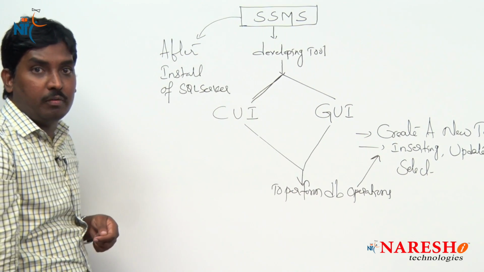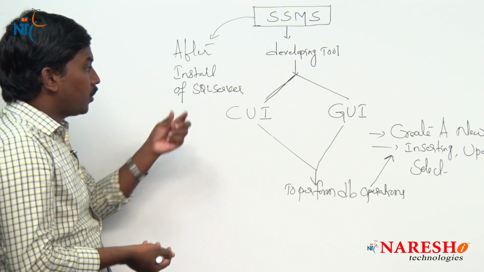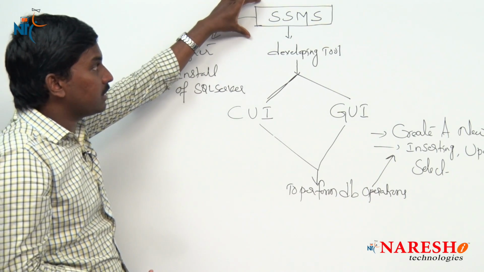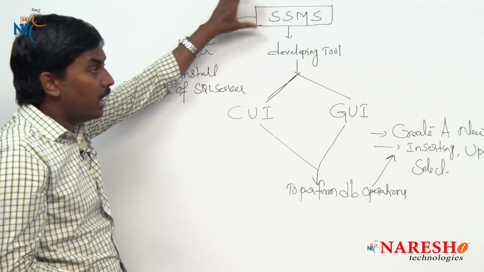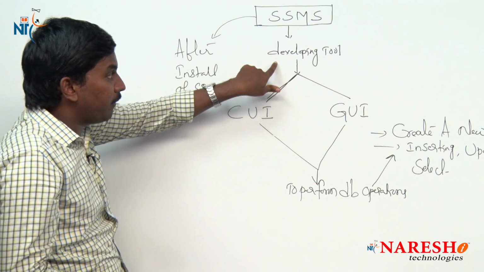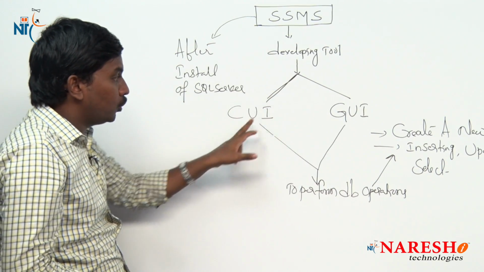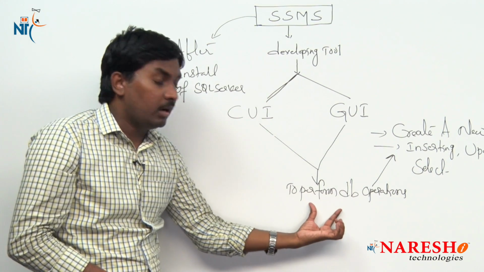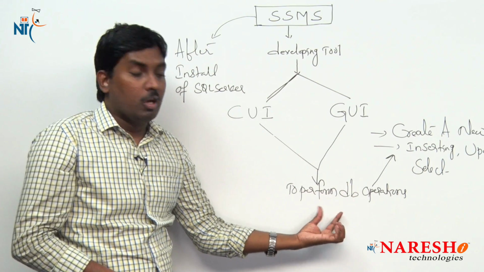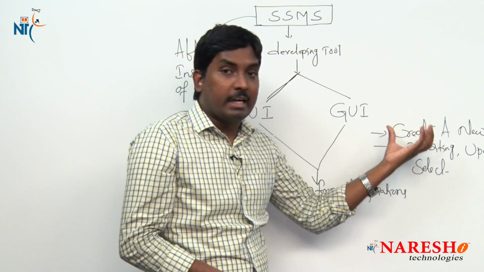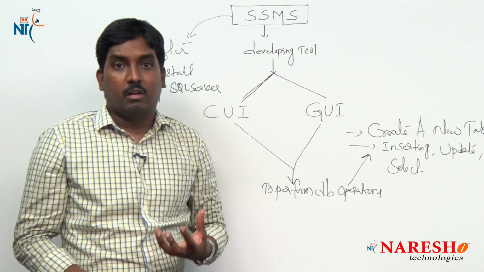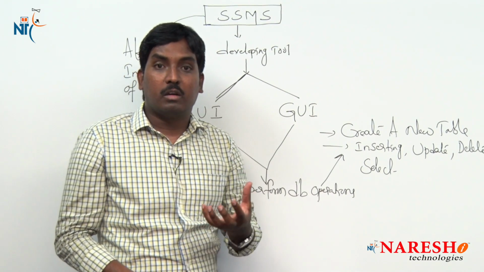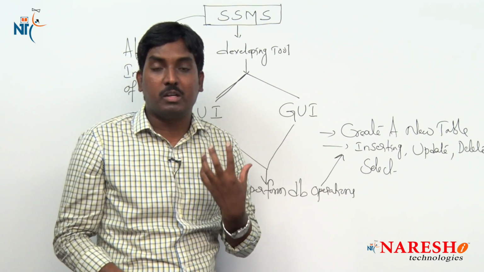Once you install your SQL Server, you will get this SSMS tool or icon, and this tool is called a developing tool, and it provides two environments for performing your database operations. The database operations are nothing but creating, inserting, updating, deleting and selecting the data from database tables.